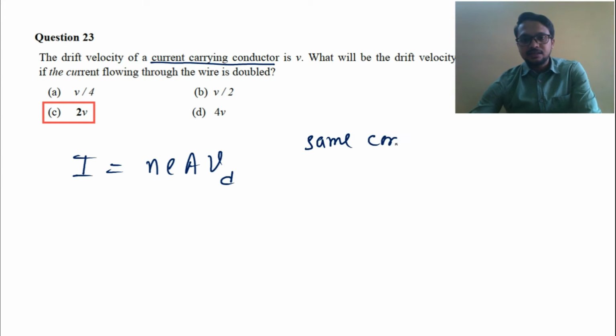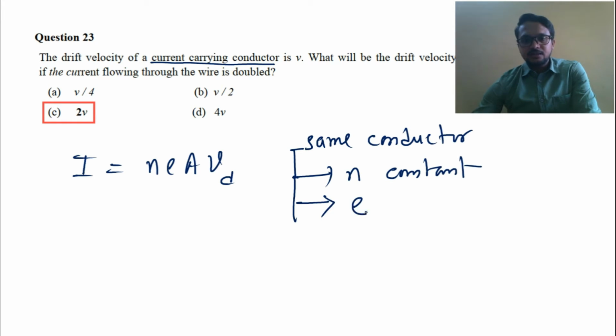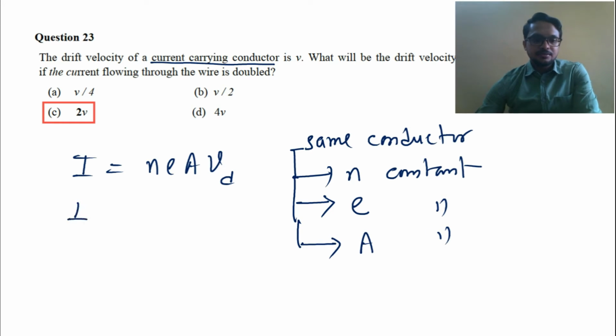We are not changing the conductor, same conductor. For the same conductor, the number density is constant, e is the charge of the electron, always constant, and A is the cross sectional area, also constant. So we get I directly proportional to v_d.